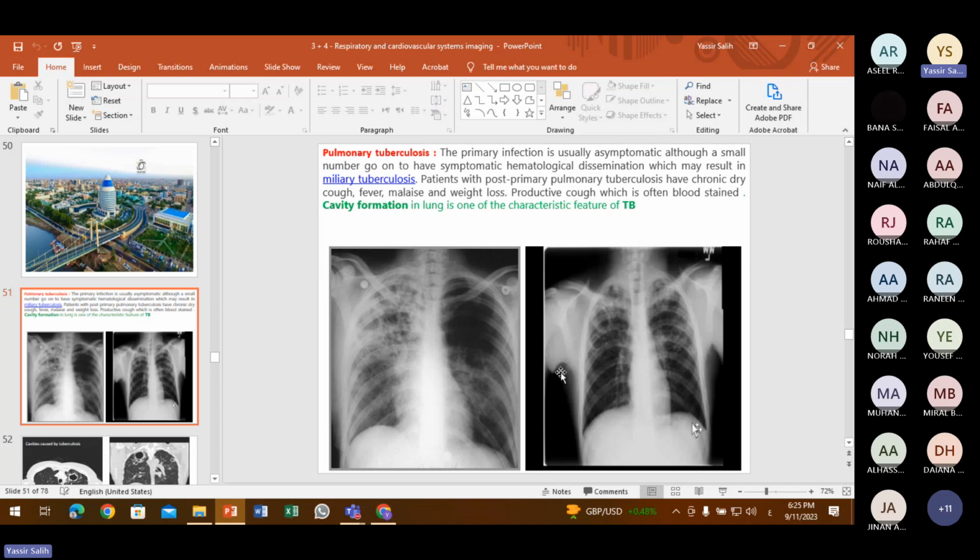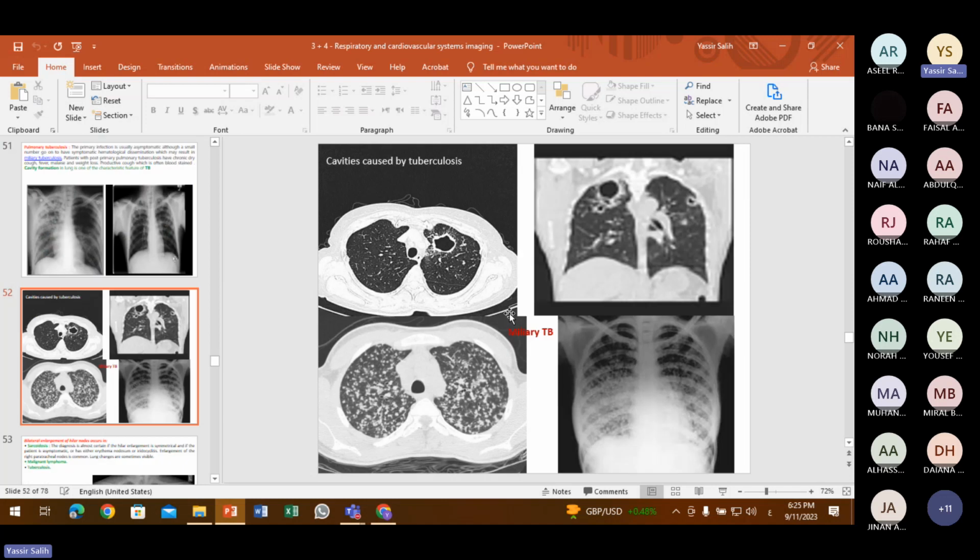Cavity is the most common. As we said, sometimes from primary tuberculosis the disease can be hematologically disseminated, causing miliary tuberculosis. From its name, miliary, it is characterized by multiple millet-like nodules, very small nodules like this. In secondary metastasis we had multiple nodules but the size was larger than this.